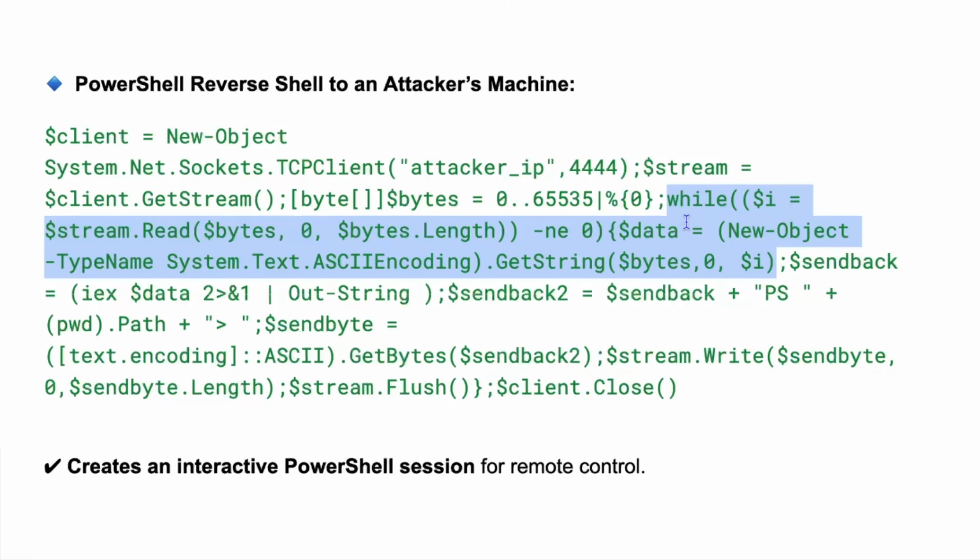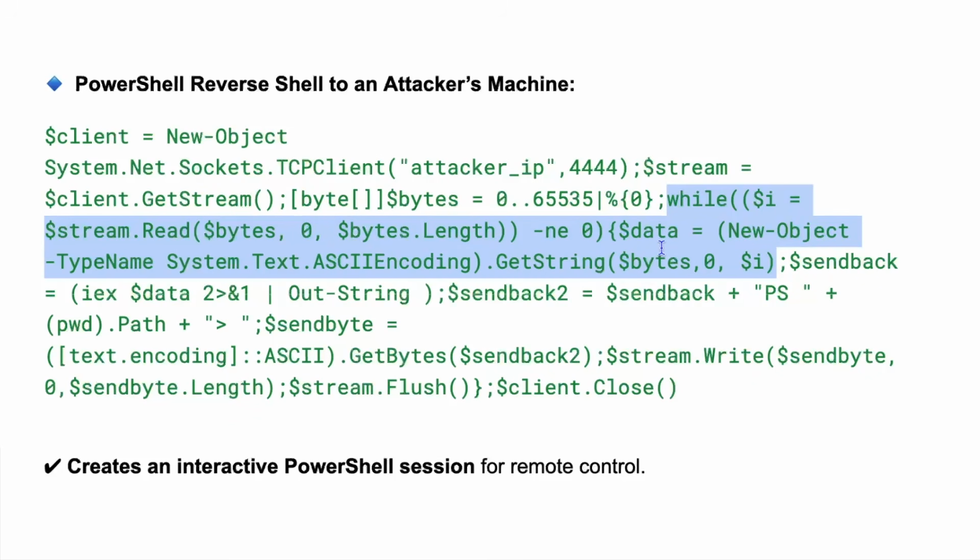So it says while the integer, or the increment, I should say, reads bytes at this much, because we've established this in advance. So it goes from 0 to 65,535, which is the number of ports. So it goes while this is the bytes that we have right there, and it goes from 0 to the full length of the bytes.